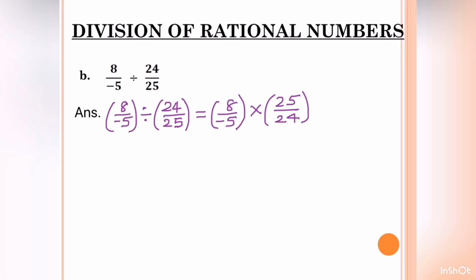Now we will multiply 8 by minus 5 times 25 by 24. Product of their numerators by product of their denominators.